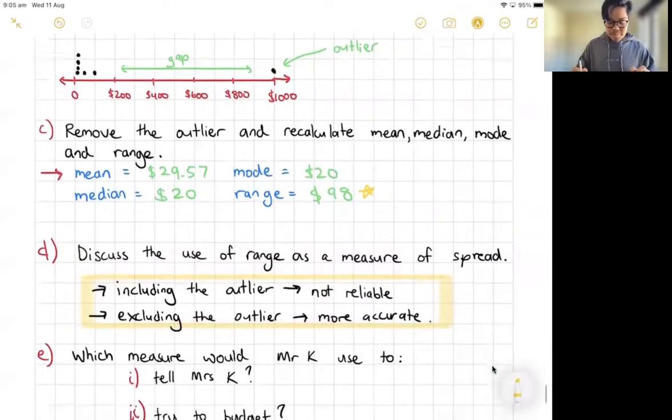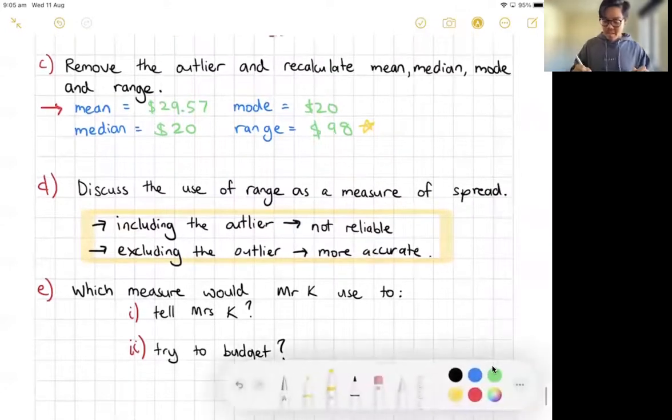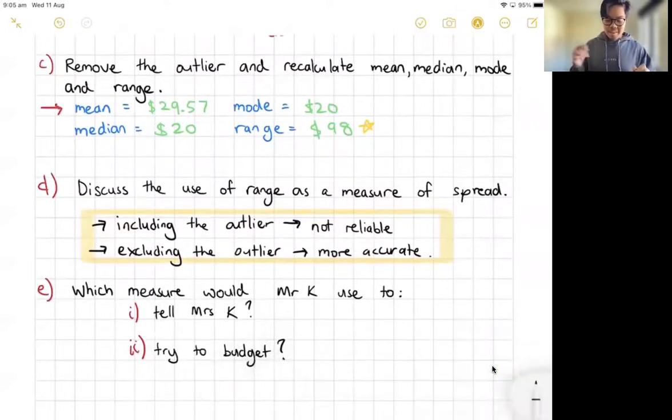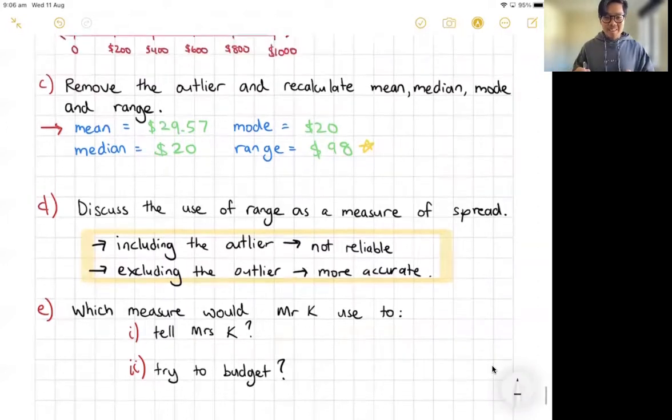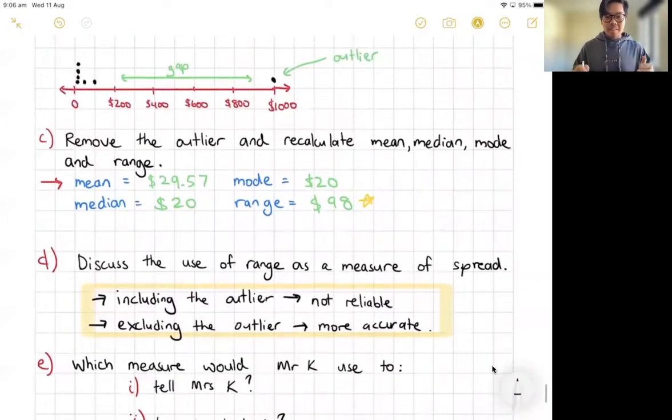Okay, now let's actually discuss, and I want you to think, what measure would I use if I wanted to tell Mrs. K how much I've spent on music gear? Now I don't want to tell Mrs. K that I've spent $1,000 on some music equipment when we've got bills to pay, right? So what am I going to tell her? What is the best one?